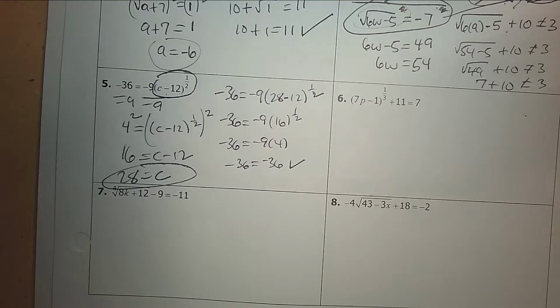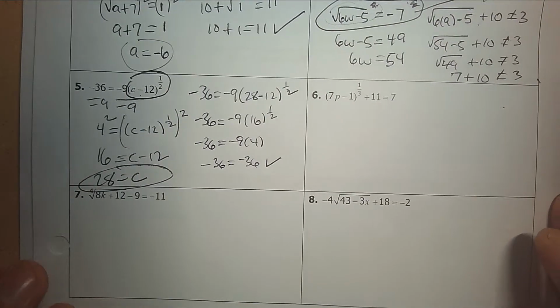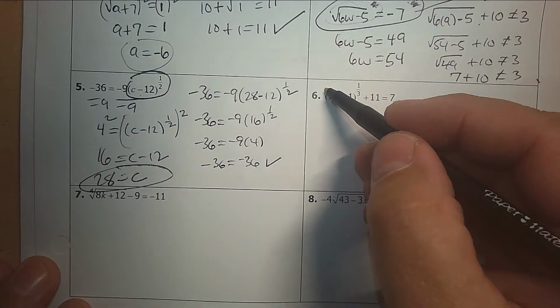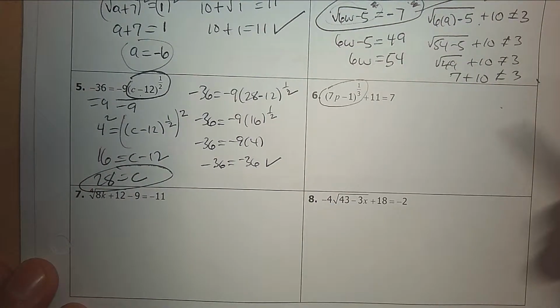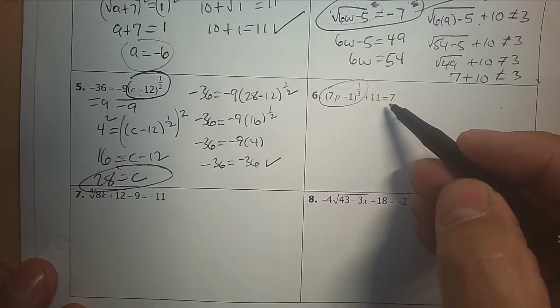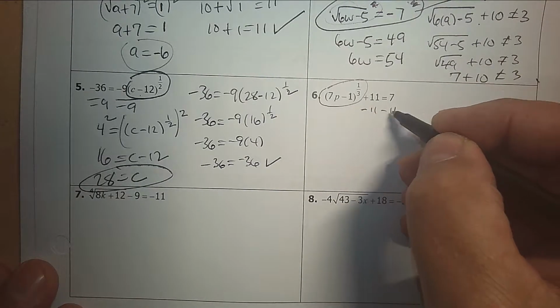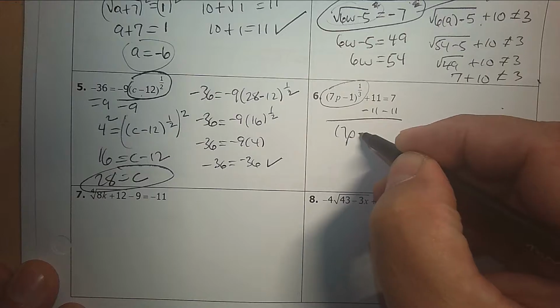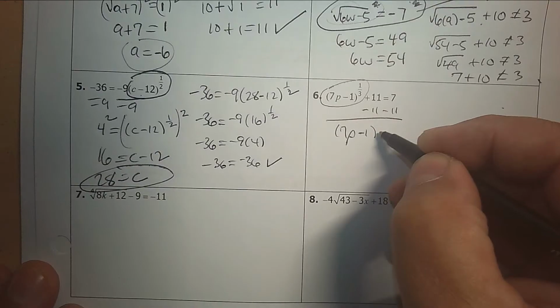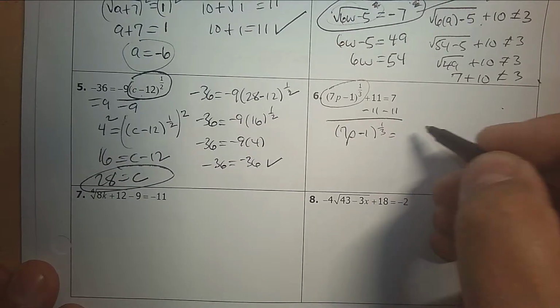Let's try number 6. Davian, are you ready? What's step number 1? Yeah, and you identified the radical part, right? So what's outside of it? Subtract 11, right? So I have 7p subtract 1, to the 1/3 is equal to what number?